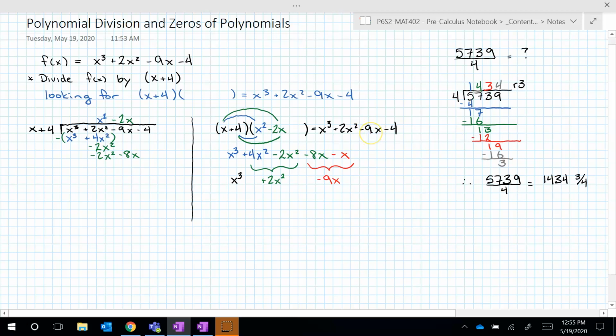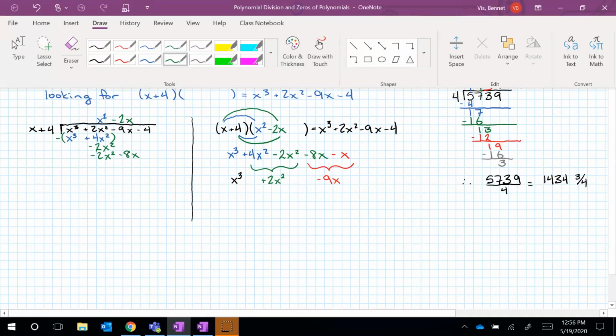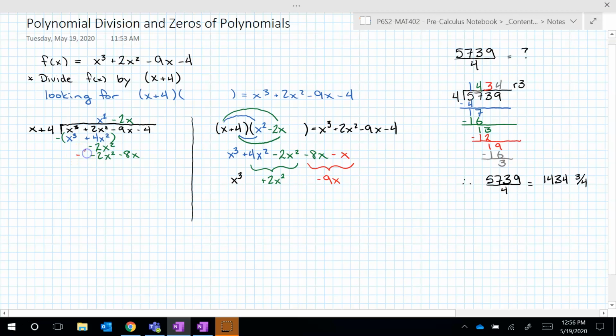This piece here that I had left over, I need that to be my next piece here, and I can show why if I just do this subtraction. If I subtract this, let's do it with red. If I get rid of this term, negative 2x squared minus negative 2x squared makes 0. I'm done with my x squareds.